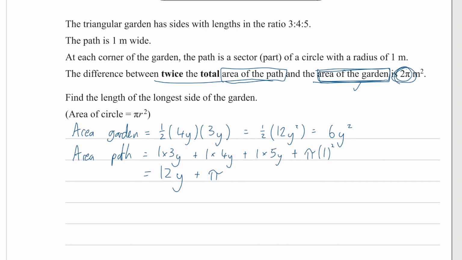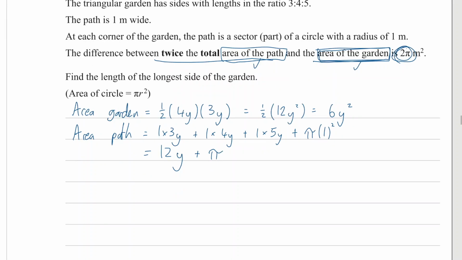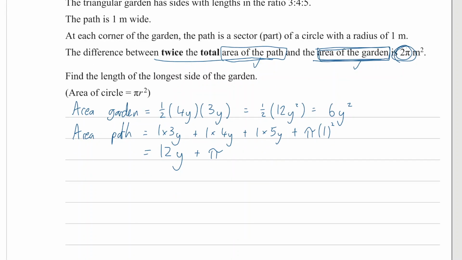All right, now we can tackle this line here to incorporate that 2 pi. We want to use that information. So the difference between, that means we're going to take one expression and subtract another expression.